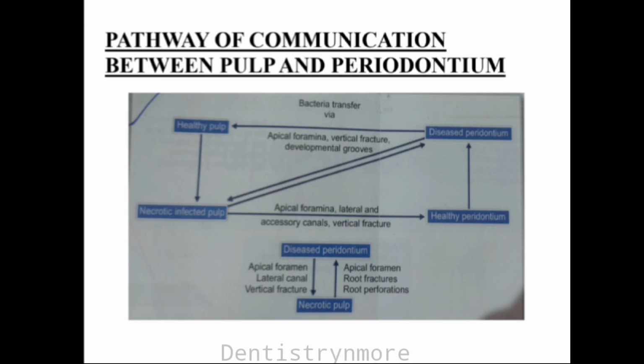In this flow chart, both the pulp as well as the periodontium are infected. Bacterial transfer occurs from both pulp and periodontium. So this is the pathway of communication between the pulp and periodontium, and this is how endo-perio lesions occur. And this ends the endodontic periodontal relationship.